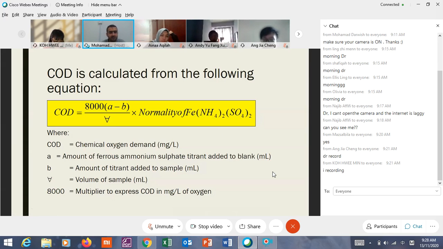Never mind, I will pass through this one because it's not really important. It's only one direct equation. Normally we measure COD in the lab, not by equations.